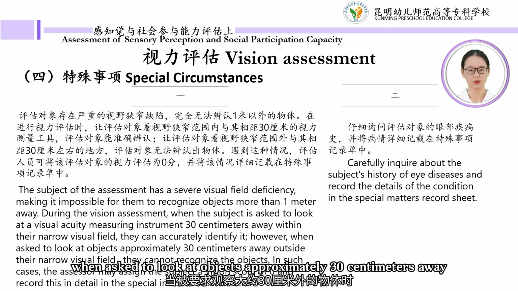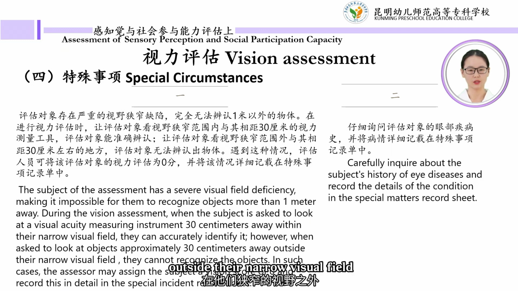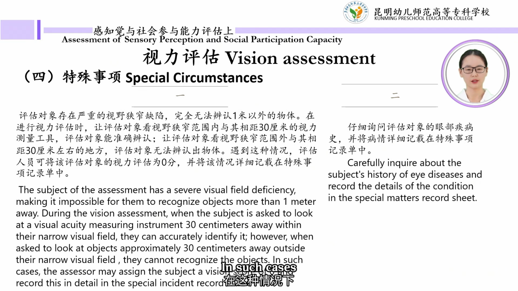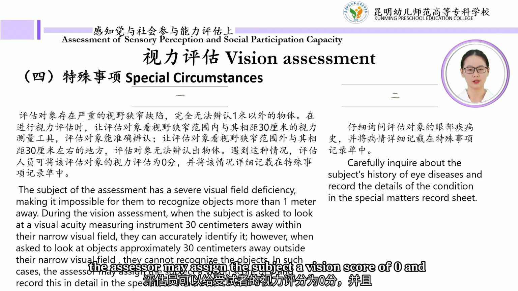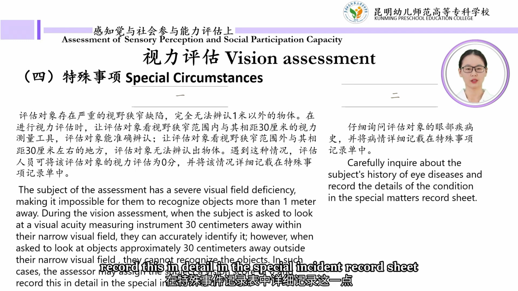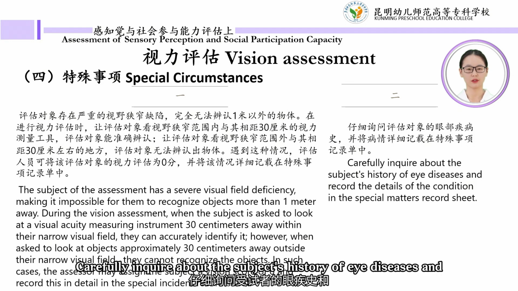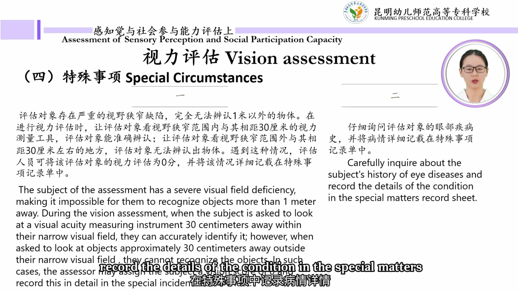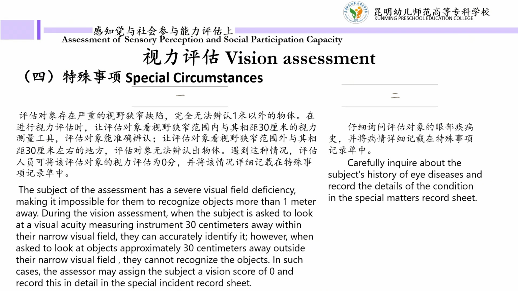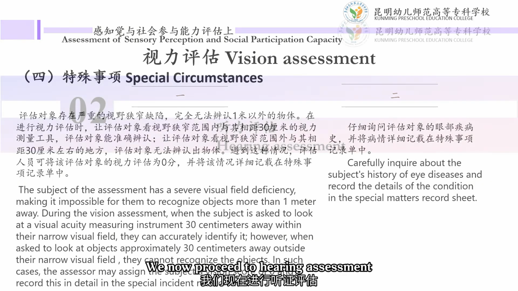However, when asked to look at objects approximately 30 centimeters away outside their narrow visual field, they cannot recognize the objects. In such cases, the assessor may assign the subject a vision score of 0 and record this in detail in the special incident record sheet. Carefully inquire about the subject's history of eye diseases and record the details of the condition in the special matters record sheet. We now proceed to hearing assessment.